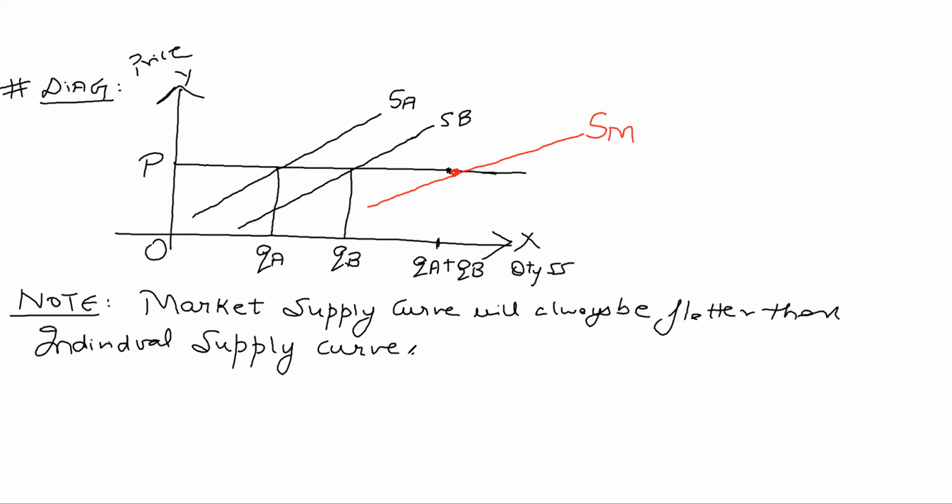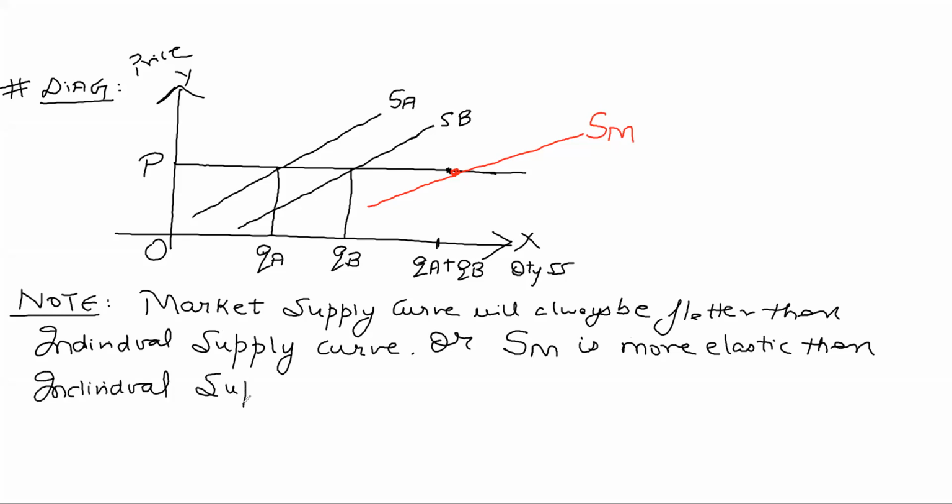Or, guys, another way of saying it, I can say that my market supply curve is more elastic than the individual supply curves. Why is it more elastic? Because again, it's covering all the firms. So for any given change in price, responsiveness of market supply will be more than responsiveness of individual supplies. So I can say that the market supply curve will be more elastic than the individual supply curve.